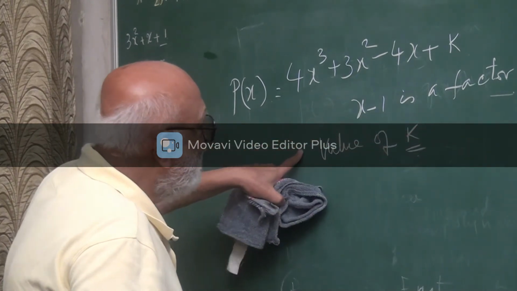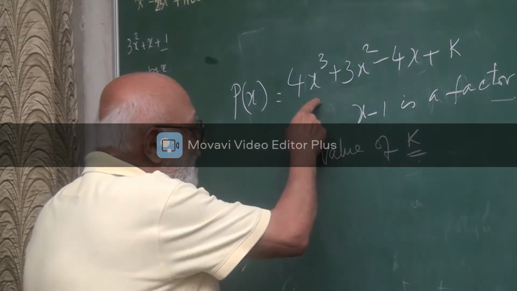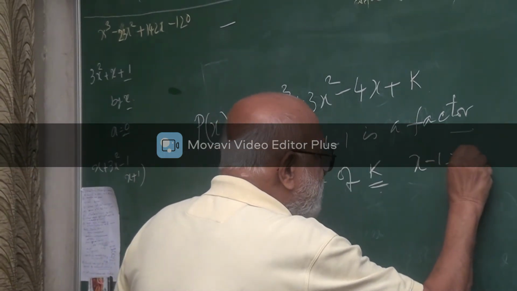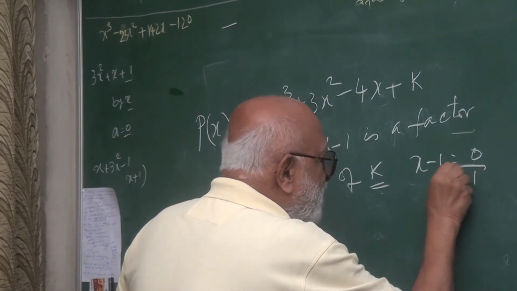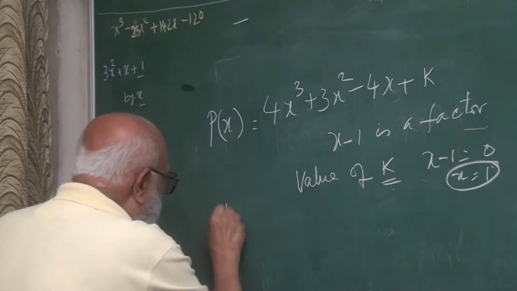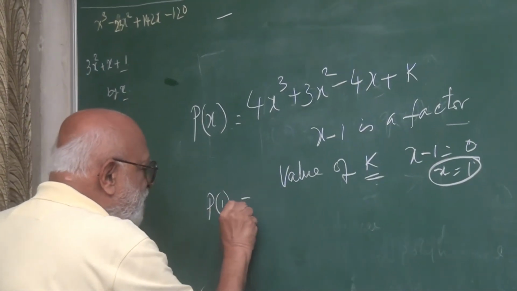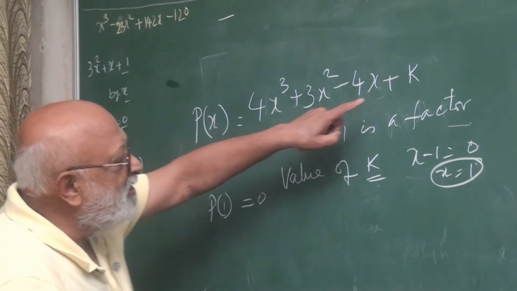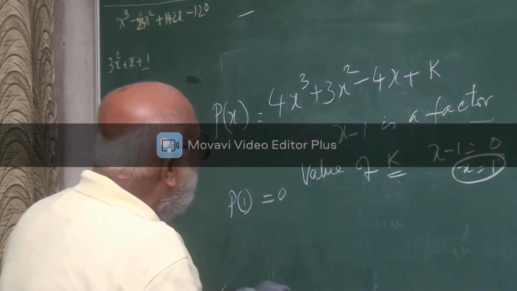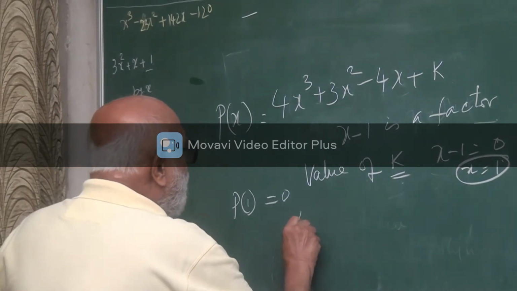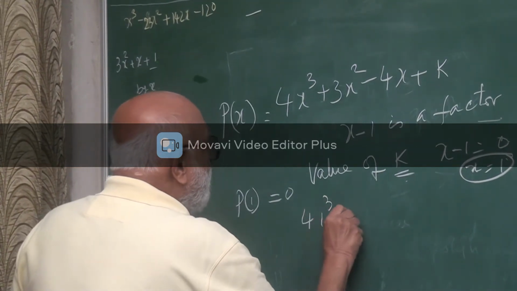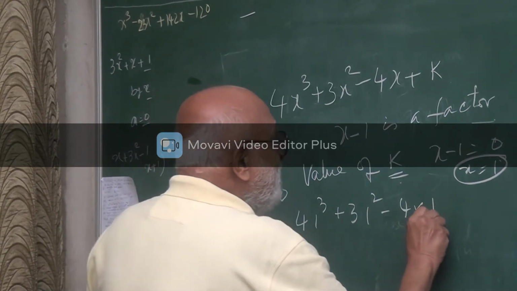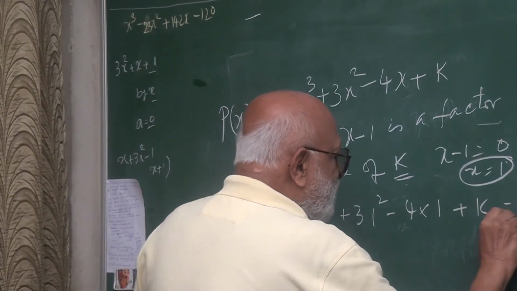That means if I put x minus 1 equal to 0, so x equal to 1. So if I put in p(1) here, it should be equal to 0. That's a basic premise. From that I will find out the value of k. Okay, so let us do it. 4 into 1 cube plus 3 into 1 square minus 4 into 1 plus k would be equal to 0.